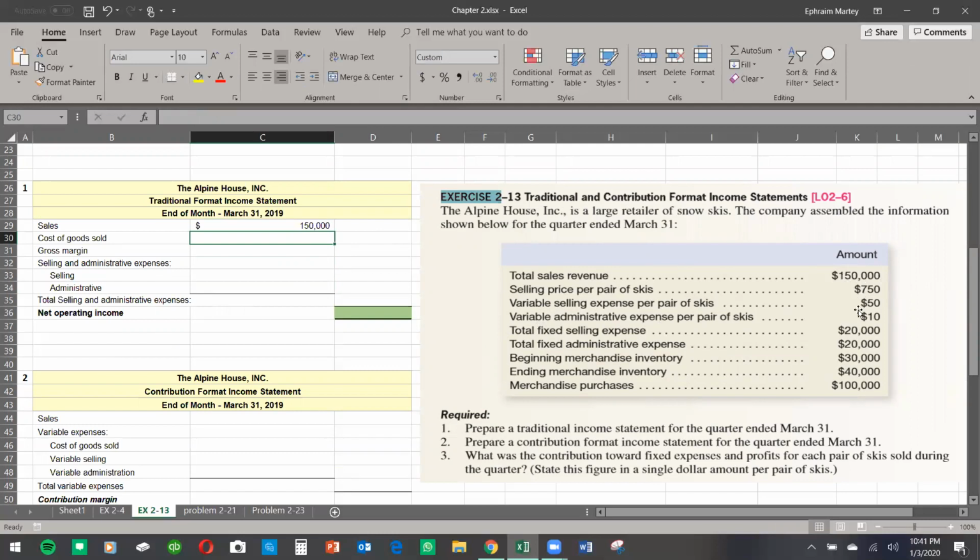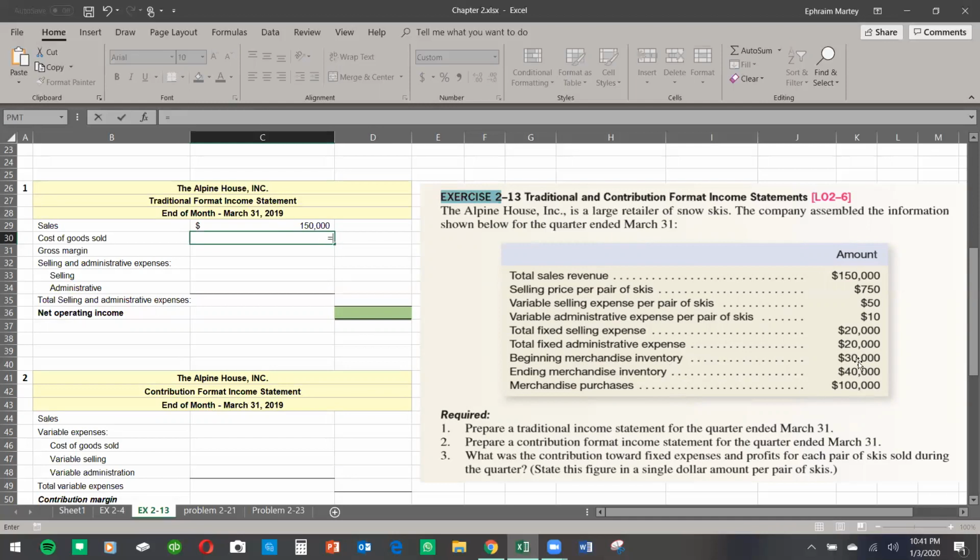We don't have a cost of goods sold here, but we have beginning merchandise inventory, and we purchased $100,000 of merchandise during the period, and the ending was $40,000. So we want to know how much was the cost of the goods that we sold.